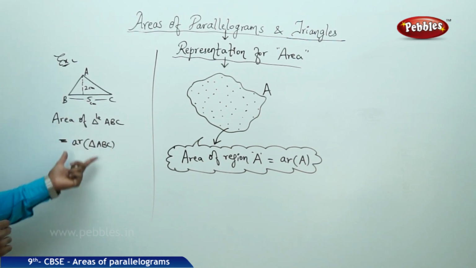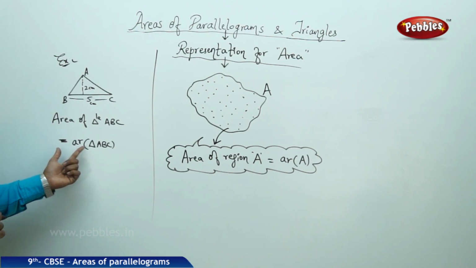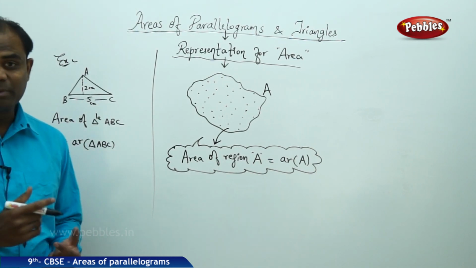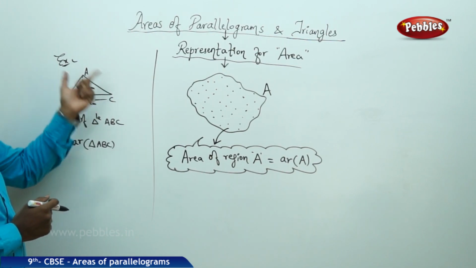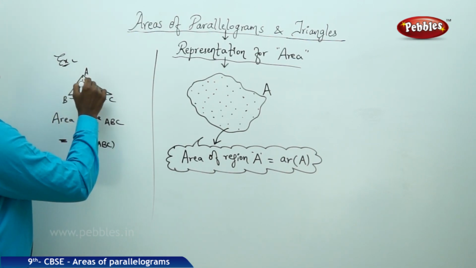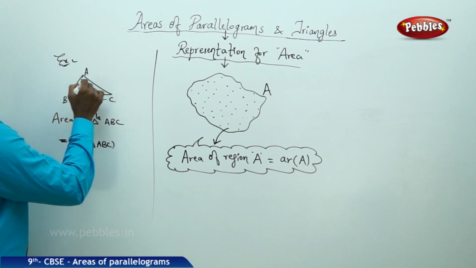Is how I denote this. AR of triangle ABC implies the area of the triangle ABC as denoted with this region.